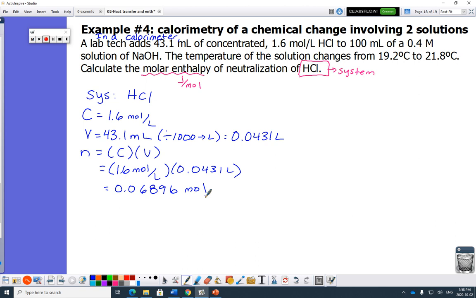We are looking for the molar enthalpy of neutralization. That's what the question says. Okay, the last line. So I'm going to call it neut. Again, put whatever you want. Doesn't matter.